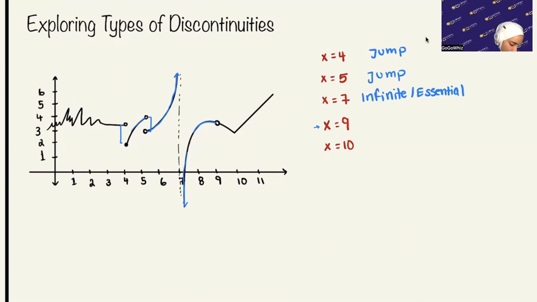So we call this a point because it's just one point that has this discontinuity. So we call this a point discontinuity, or a removable one, because you just remove and then continue. So a removable discontinuity. Okay. And it's basically just, all right, I'm going to remove my pen, but then continue on the same path. So over here, this is what we call a point of removable discontinuity.